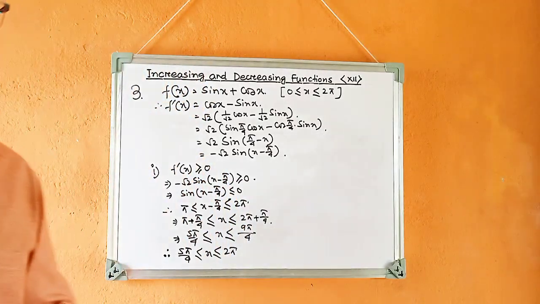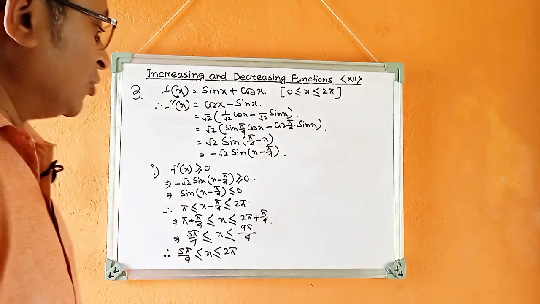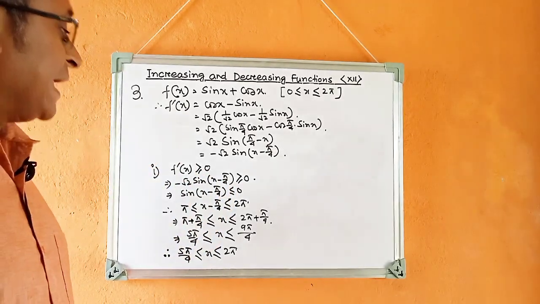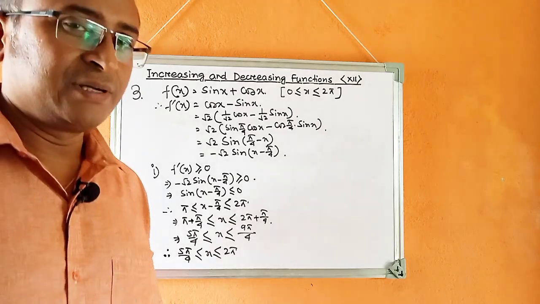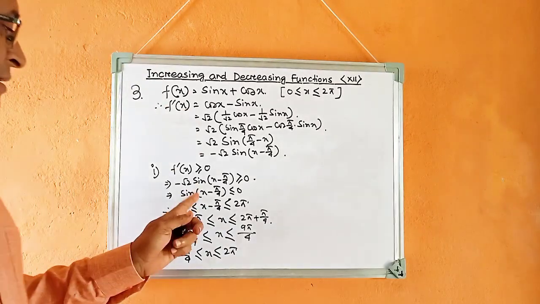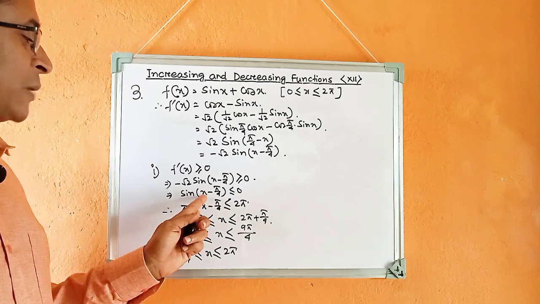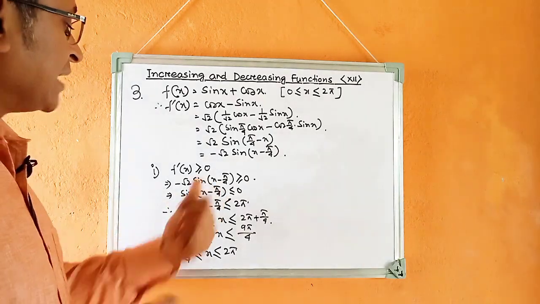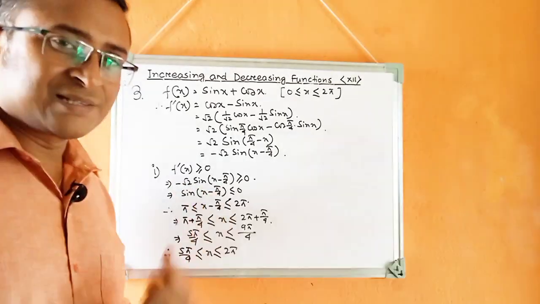This is the range of increasing function. Now another, look, suppose if we put the value of x from 0 to pi by 4, check what happened. Suppose we put 0, so sin of minus pi by 4 is negative.